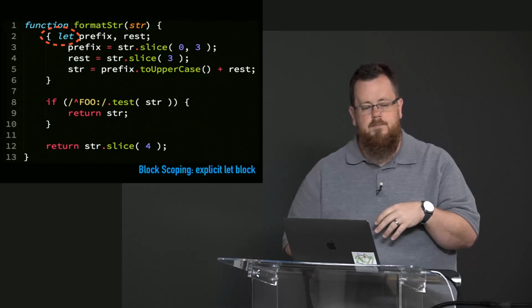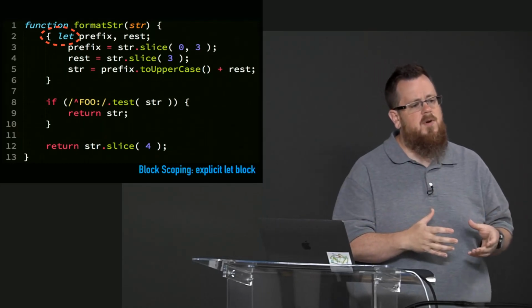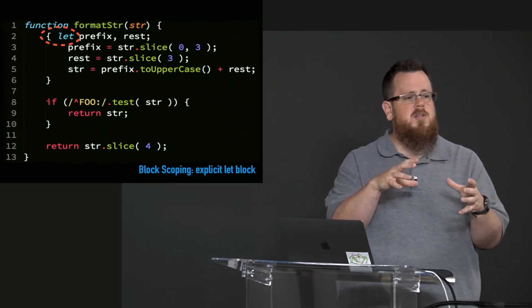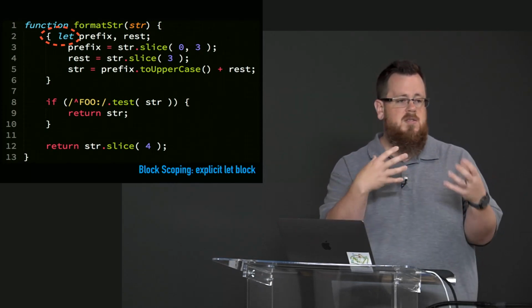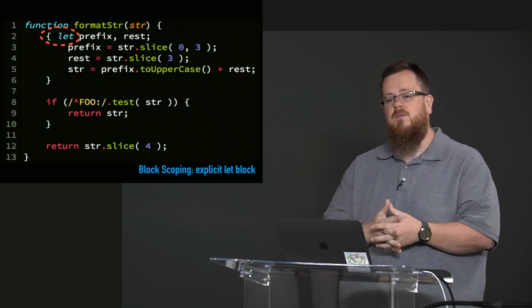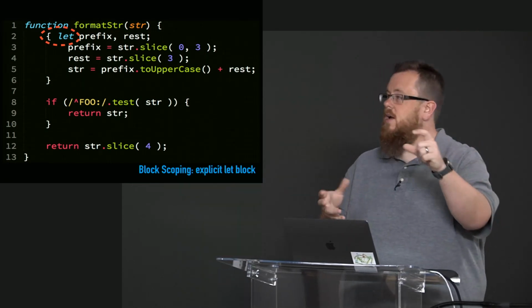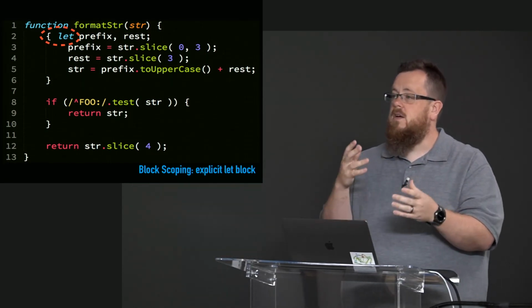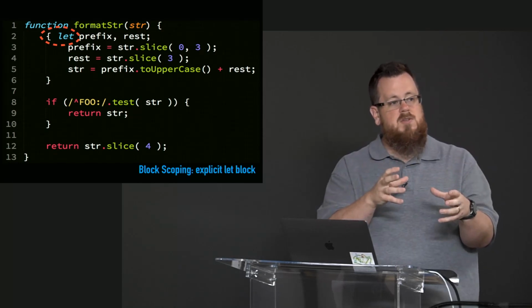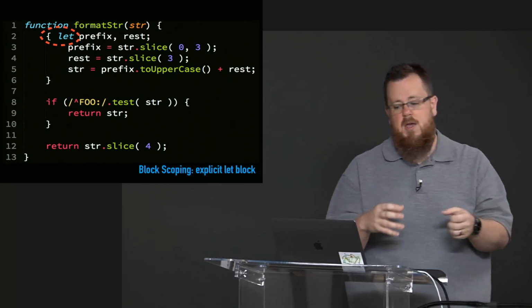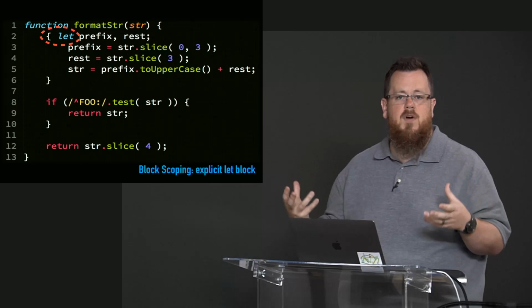And I also think it's really important for us to be very careful about not just putting something at the function scope because it's convenient. If it's only needed for a few lines, go ahead and open up a curly brace block, like I'm doing here, lines 2 through 6, to collect the prefix and the rest variables into a block, instead of just making those at the function level.